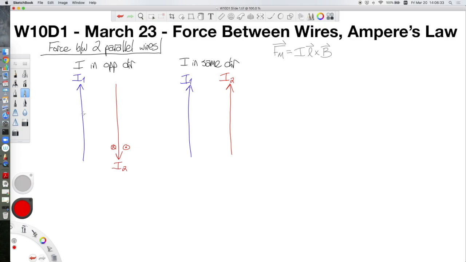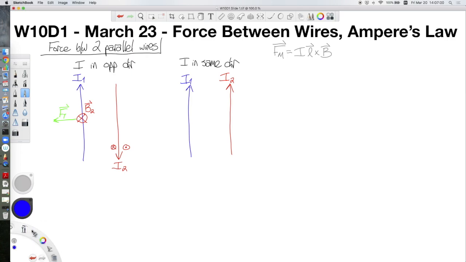Which means wire 1 experiences a magnetic field into the board that I'm going to call B2 because it's caused by wire 2. And now a current pointing up experiencing a magnetic field pointing into the page leaves us with a force acting on wire 1 that I'll call F1 to the left.